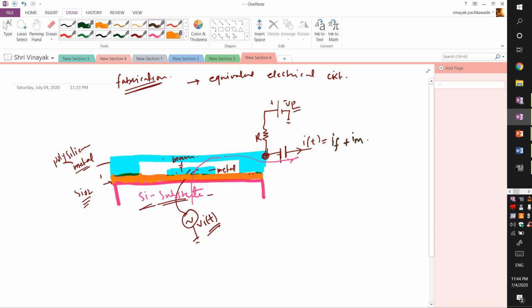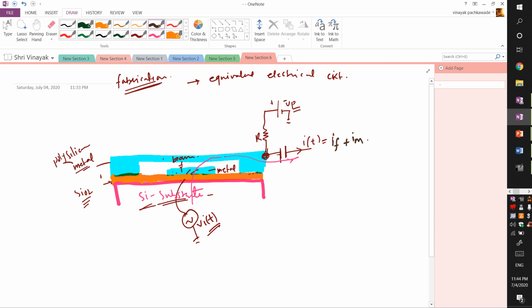Now, how to draw an equivalent circuit for such a structure? We first have to identify the various parasitics associated with this mechanical structure.